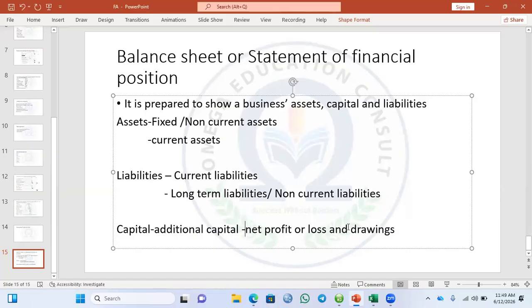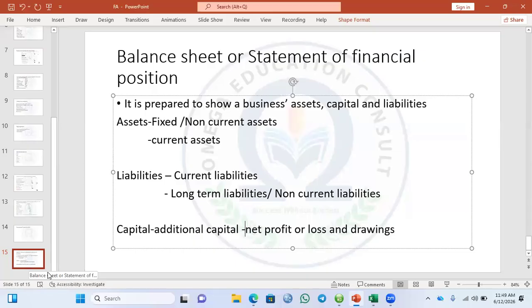Now, how do we prepare it? Its presentation can be in several forms or presentation methods. You can use the horizontal, the vertical. Even the vertical, we have the total assets method, we have the net asset method, etc. But I always introduce my professors to the net asset method because that is the modern style of presenting the balance sheet.